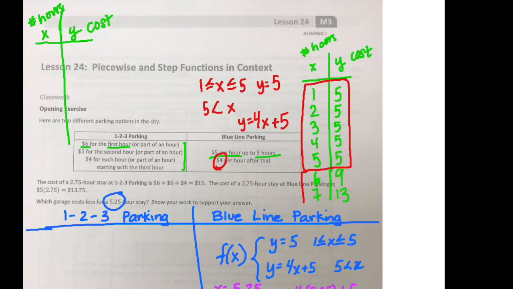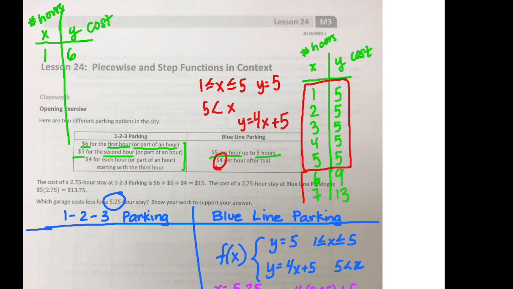Let's go ahead and try our equations for the 1, 2, 3 parking lot. It seems really complicated. We have, let's see, $6 for the first hour or part of an hour, $5 for the second hour, $4 for each hour after that, starting with the third hour. Okay, so hour 1, or actually hour 0 point anything to hour 1, is going to be $6.